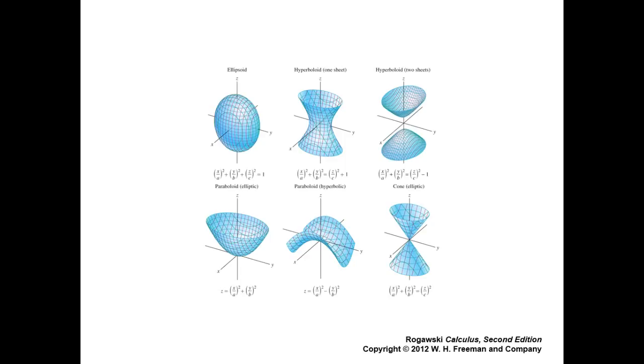Okay, number 5. A surface is called bounded if there exists an m greater than 0 such that every point on the surface lies at a distance at most m from the origin. Which of the quadric surfaces are bounded?